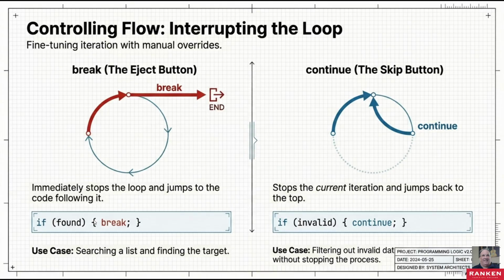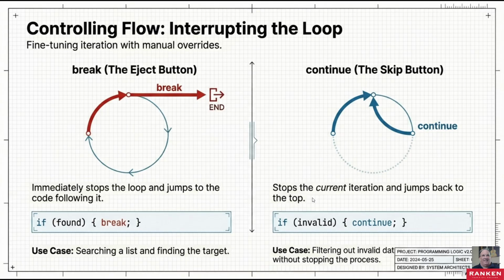Maybe you've got an array of 100 different things, and once you find it's the third thing, you don't want to loop through everything else. You don't want to continue that loop. So once you find it, if found, do a break, and it will break out of that. Kind of the eject button, so to speak. Now continue.